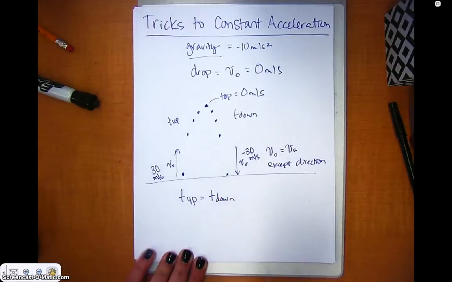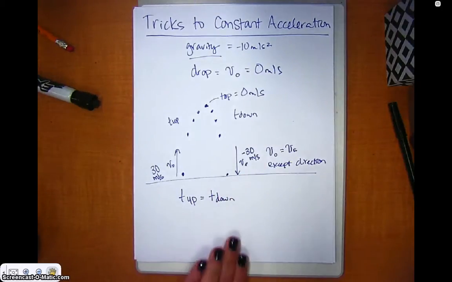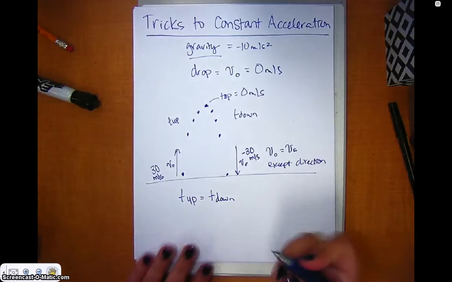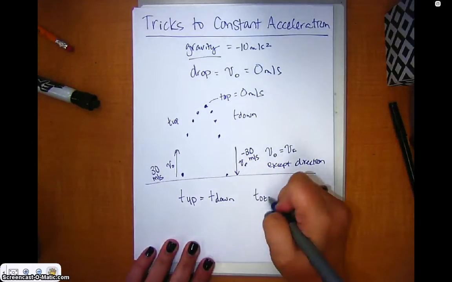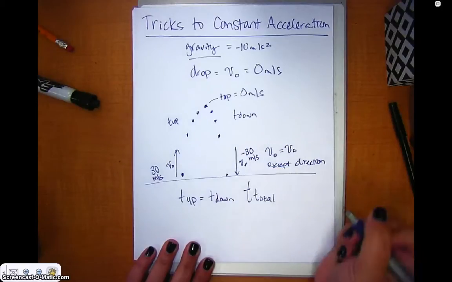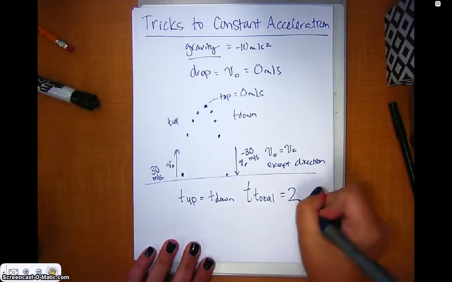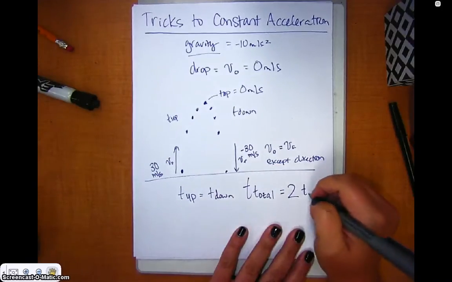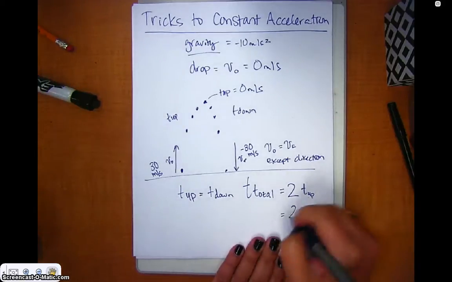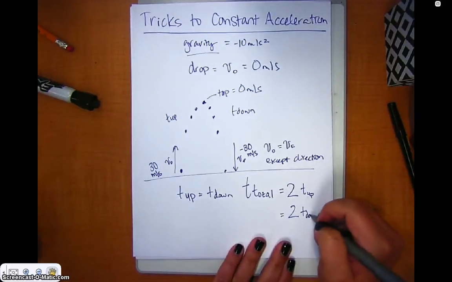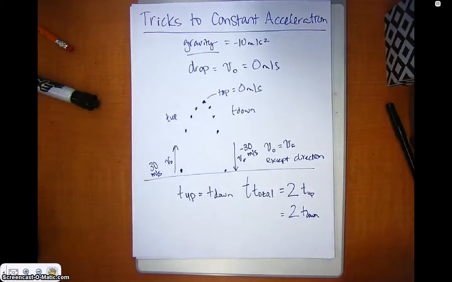So if we can solve for time up or time down separately, then we know that total time is equal to twice time up, or it could also be equal to twice time down, just depending on how we set up the parameters of the problem.